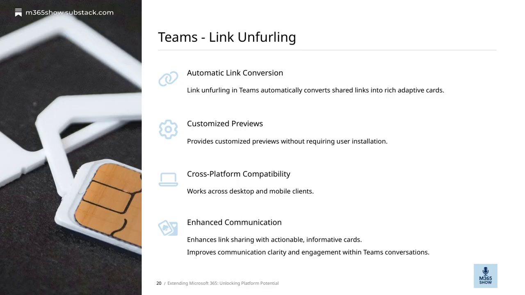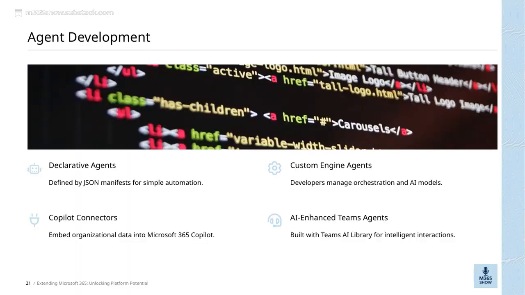And finally, the automatic link conversion turns shared links into rich adaptive cards, which are dynamic and interactive. This altogether helps make our Teams conversations more informative, engaging, and efficient, tying back to our goal of maximizing productivity through smarter communication tools.